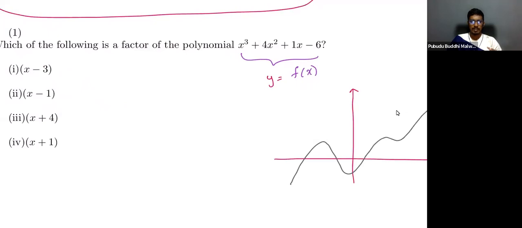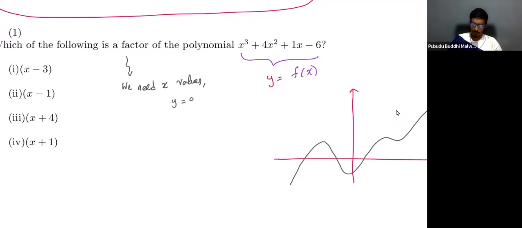But we need factors, which means we need x values such that for those x values, the y value should be equal to 0. So basically those are the factors. Those are the x-intercepts.